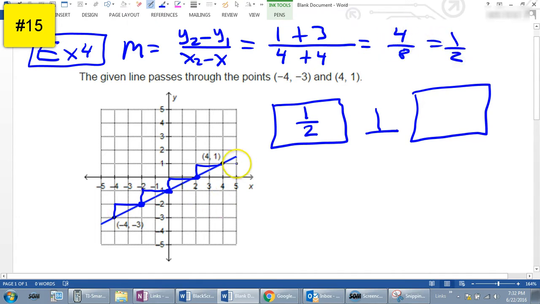But for me, if they give me the graph, it's so much quicker just to do up 1 over 2. Anyway, if this is the slope of the original line, what will be the slope of a line that is perpendicular to this one?